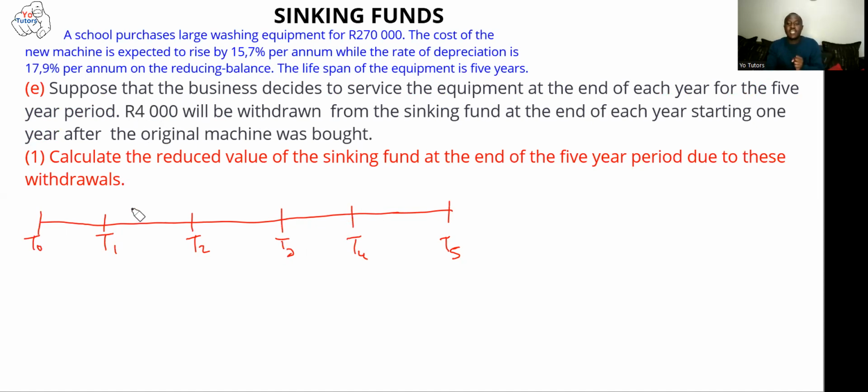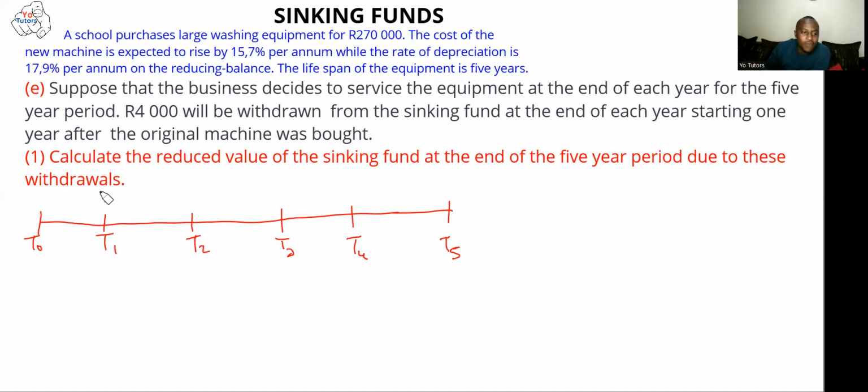When you withdraw 4,000, you not only withdraw 4,000, but also the interest that it was going to earn if it was to stay in the bank. So when we are withdrawing that money, it's supposed to be growing. So we are actually taking it and its interest.